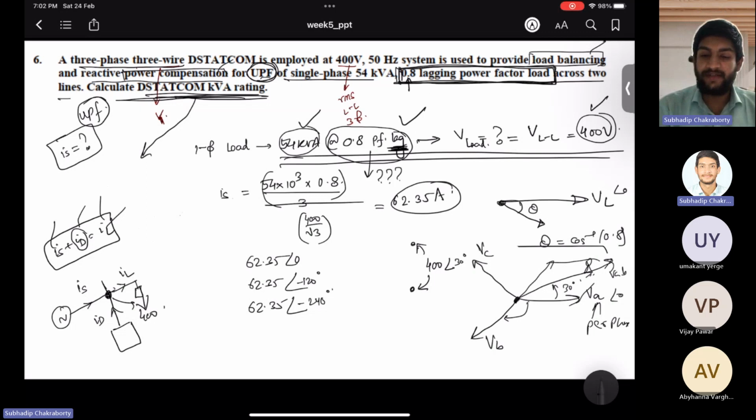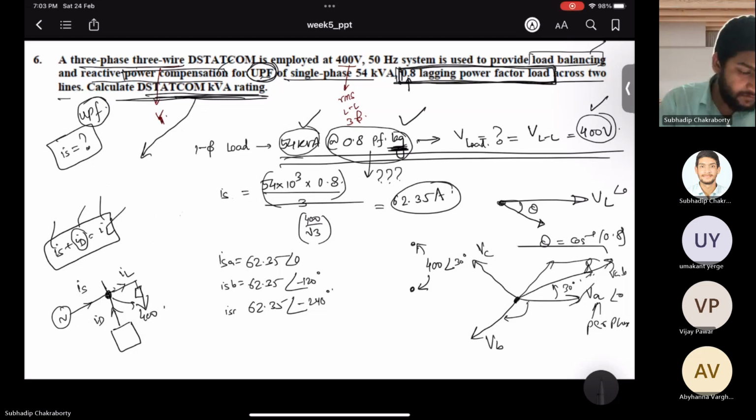So the load current, if I need it, this was the source, ISA. So what is this? ILA equal to minus ILB.